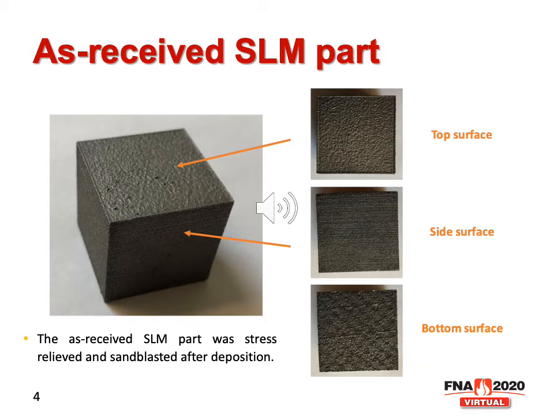The top one is the top surface, and the middle one is for the side surface. From this one, you can see the deposition layers, the layer by layer structure from the additive manufacturing. And the bottom surface, you can see it's cut from the substrate, so there is some cutting.